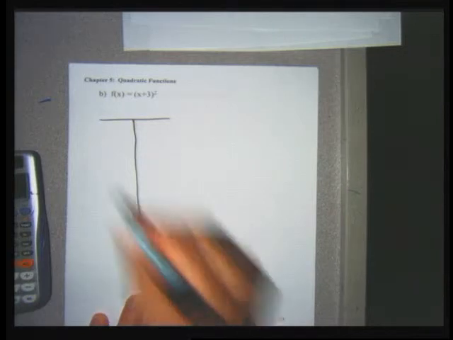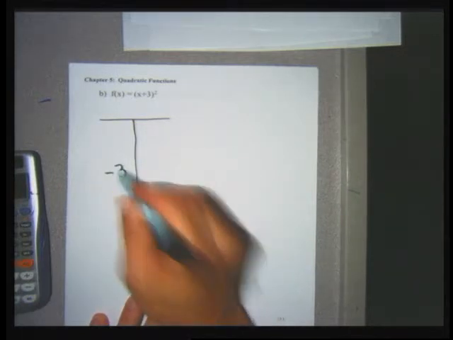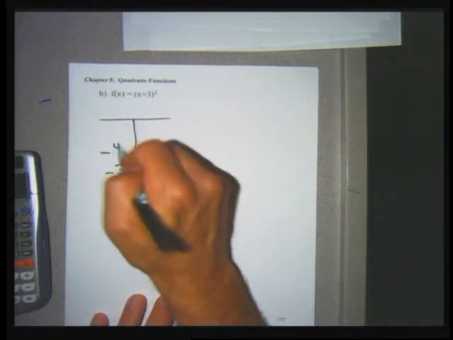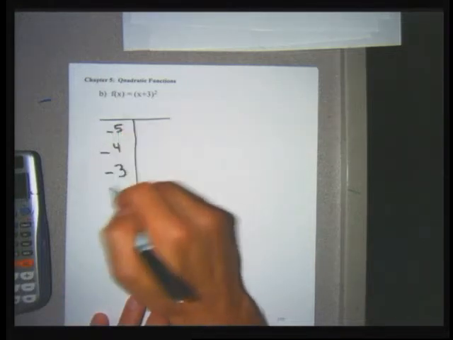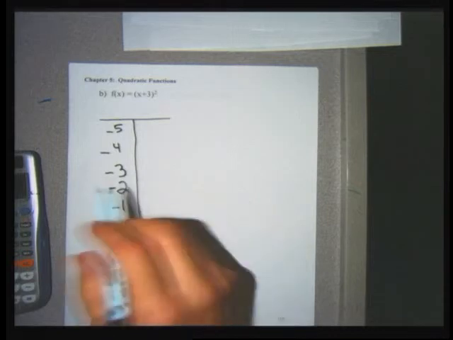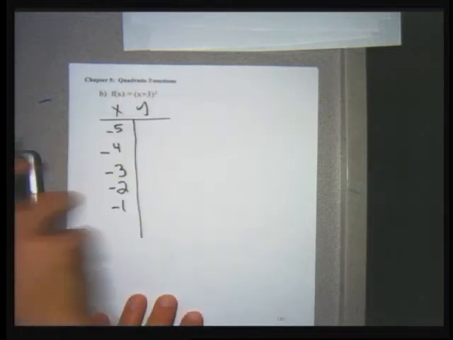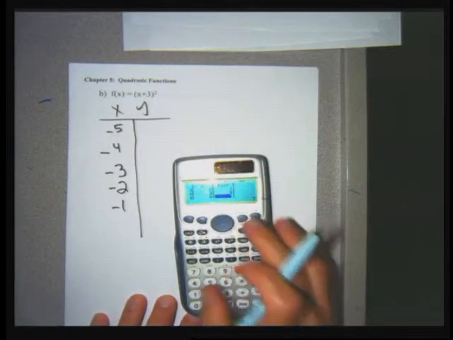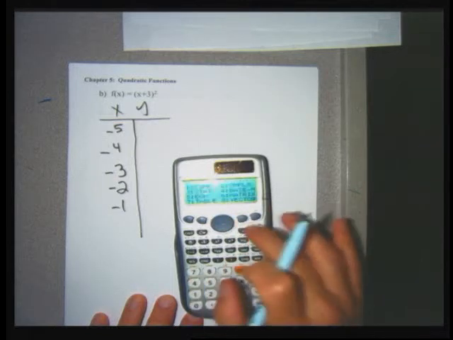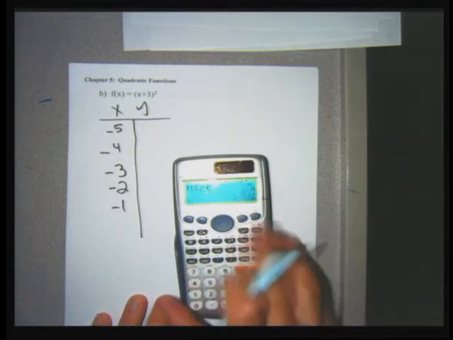For 5b, again, it's a parentheses problem, and it's a parabola graph, so I take the number inside the parentheses and change its sign, and then go smaller, -4, -5 are smaller, bigger are -2 and -1. Now I'm going to get my table, so mode 7 for table.